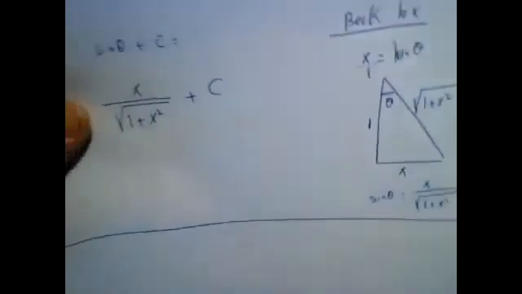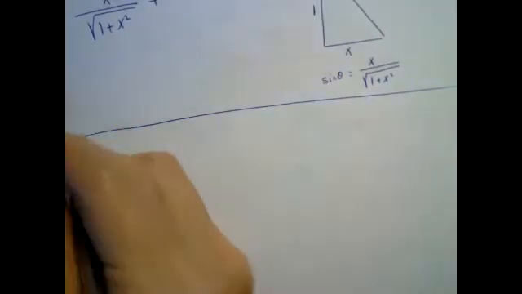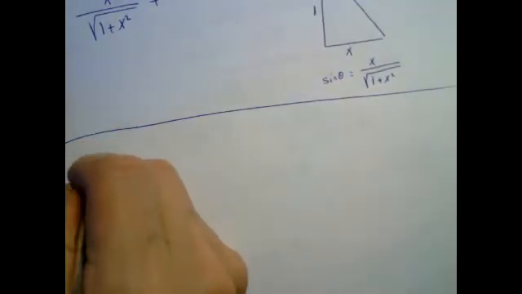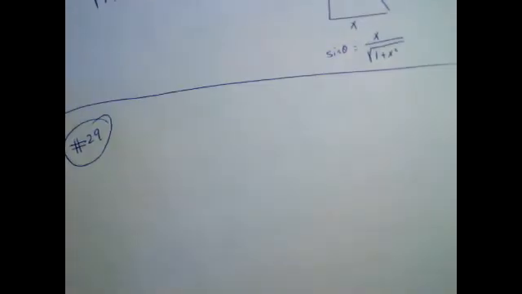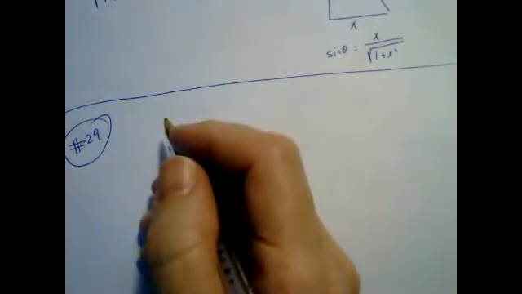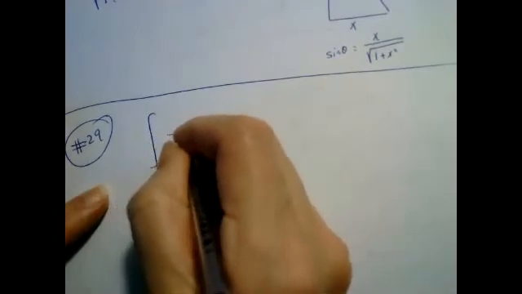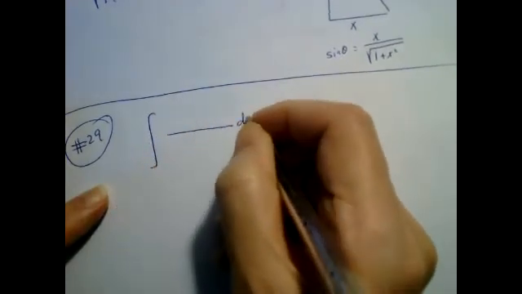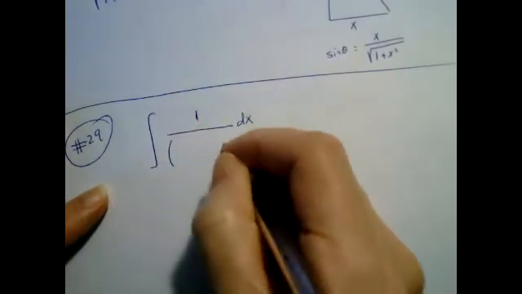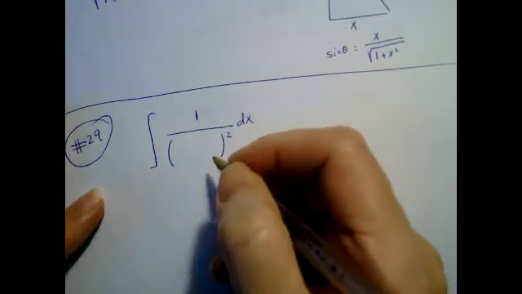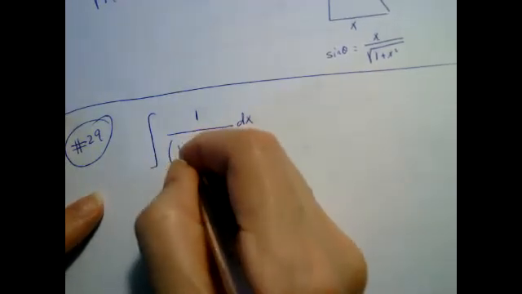All right, let's look at number 29, and then we will proceed, and hopefully we'll finalize this section today. So number 29. It does not involve a square root term, but we're going to use the same technique to evaluate it because we don't know any other technique.